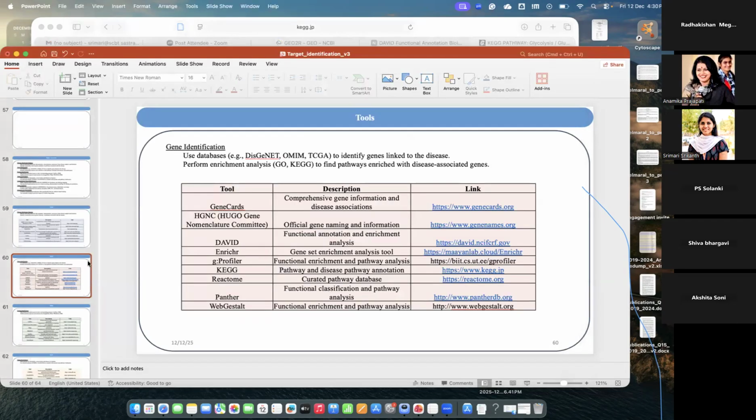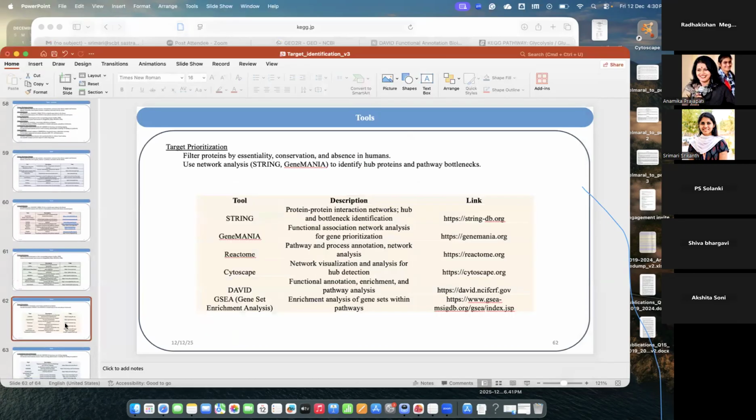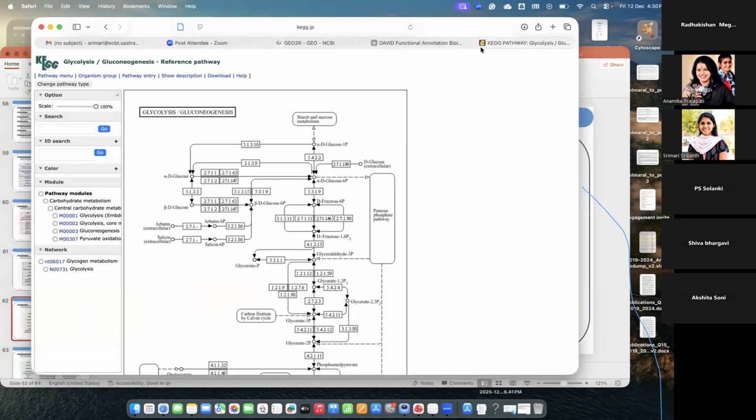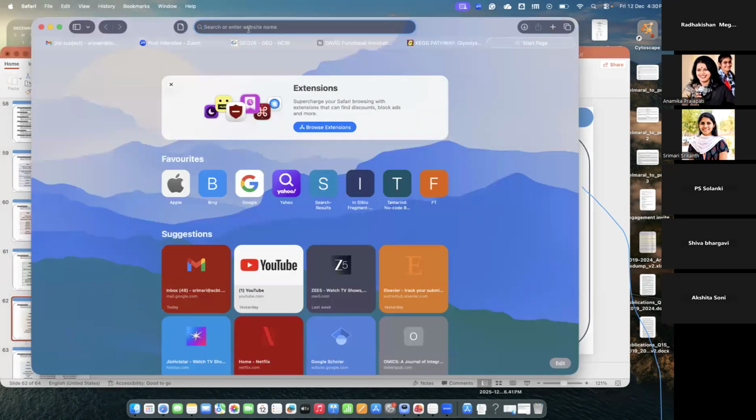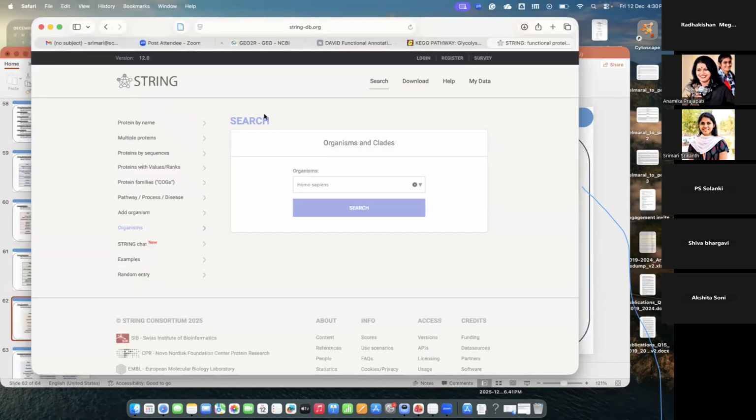And another one for network analysis is Cytoscape. And there is the STRING database. So the STRING database is mainly used for protein-protein interaction networks. We can search either by name or with multiple proteins.